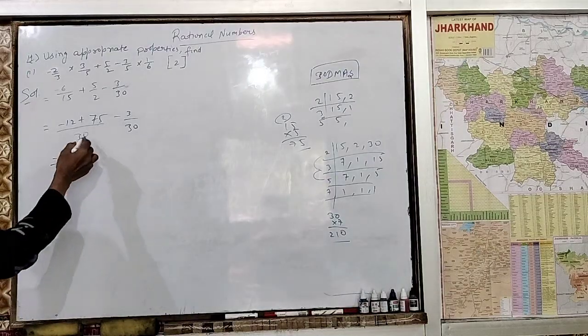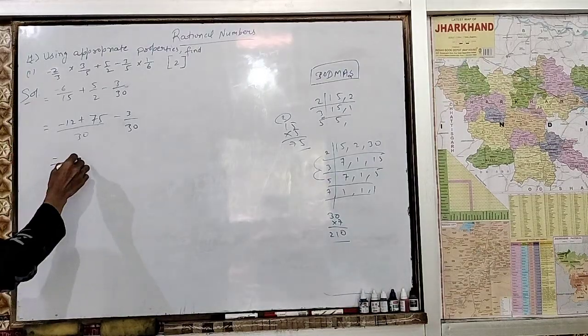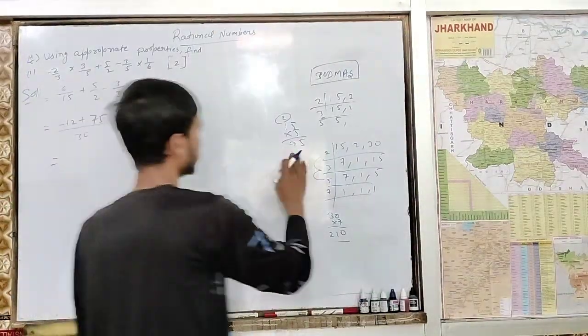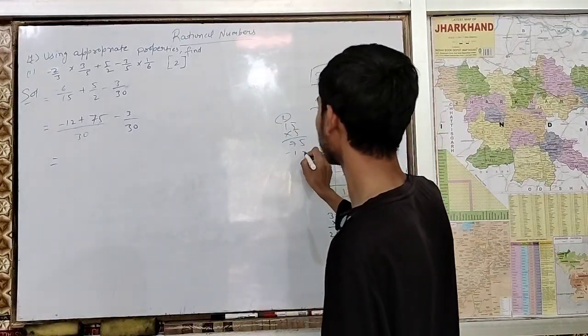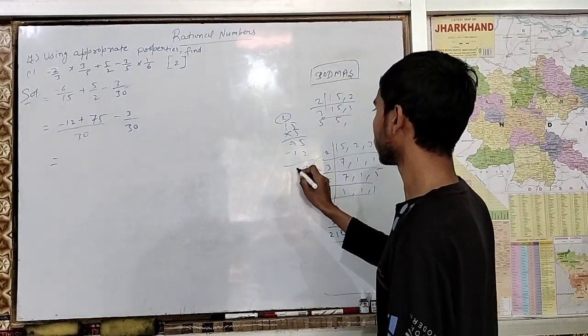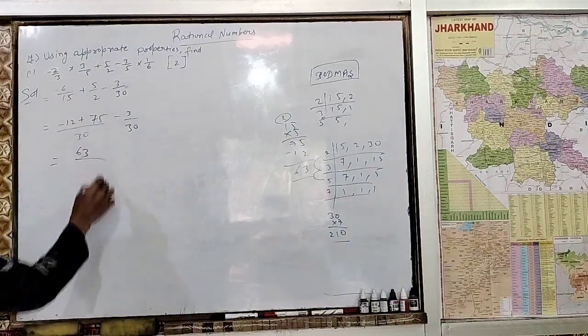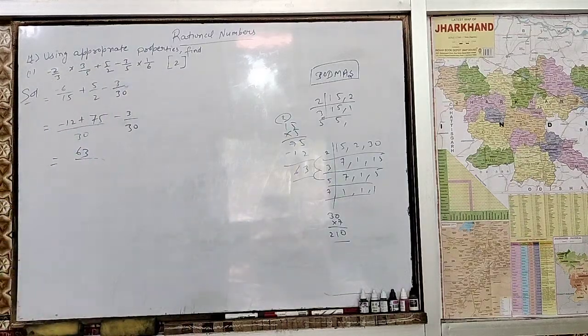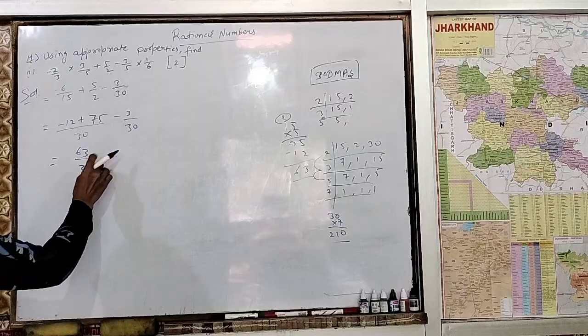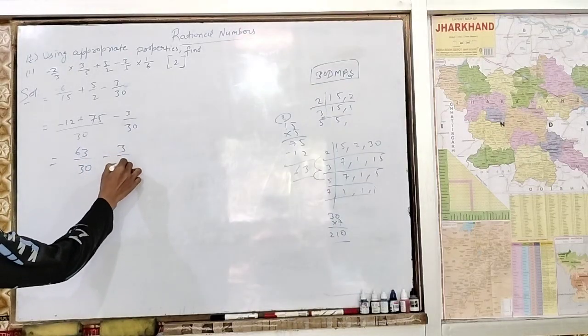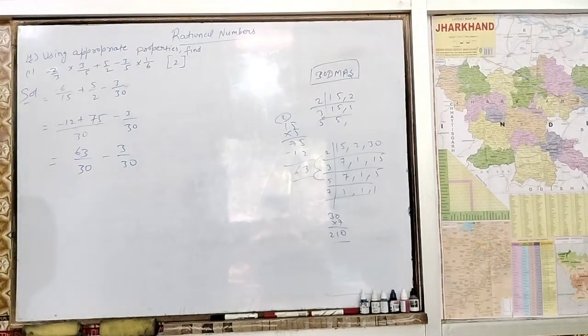Just to simplify this, you will get 75 minus 12, 3 is 6, 63. You are getting this much, 63 upon 30, and then you have this 3 upon 30.